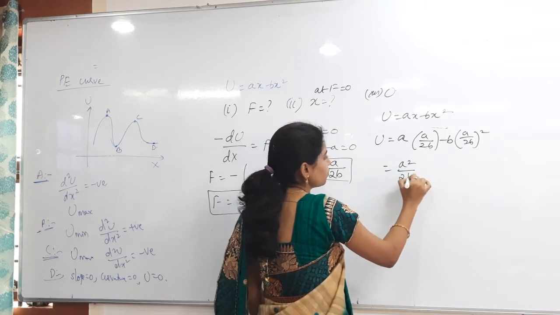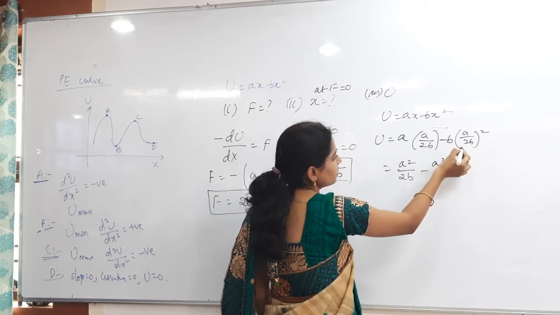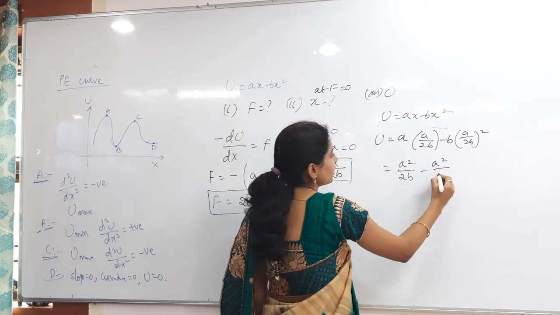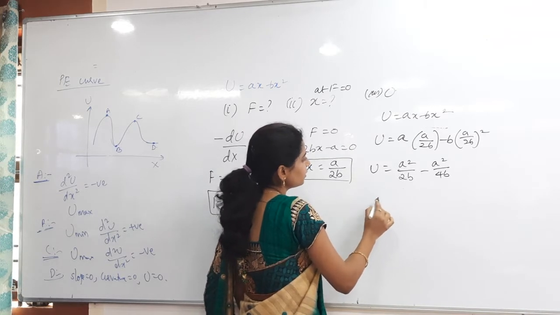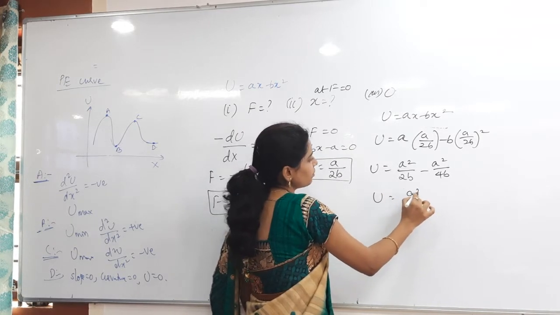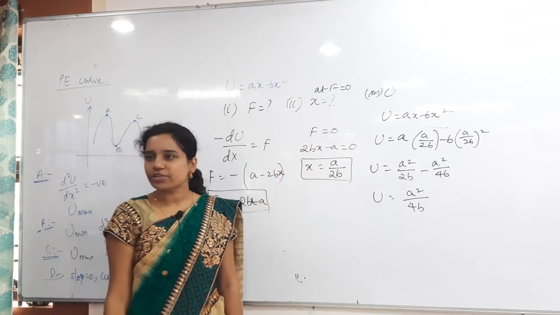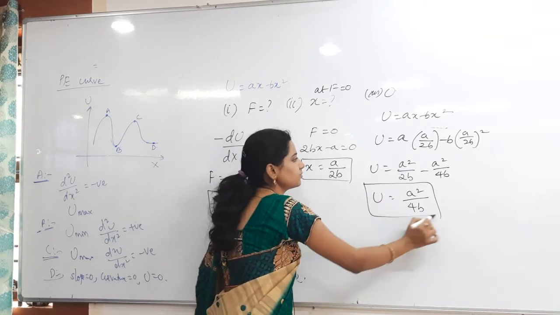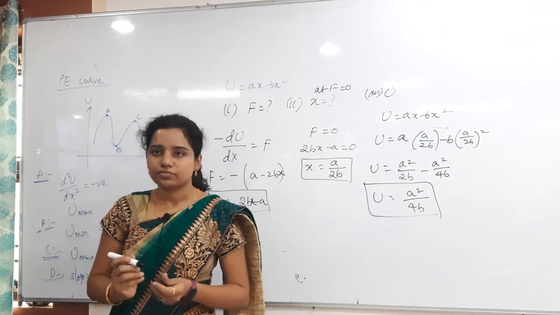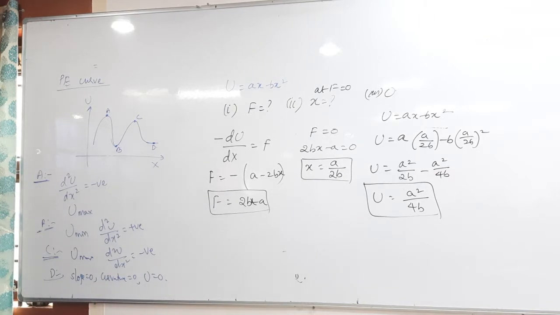A square by 2b minus a square by 4b, so a square by 4b we will get. Clear if you take the LCM, everything. So this is the expression for the potential energy. One by 2 minus 1 by 4 gives you 1 by 4 only.